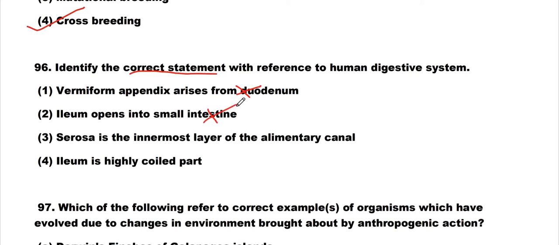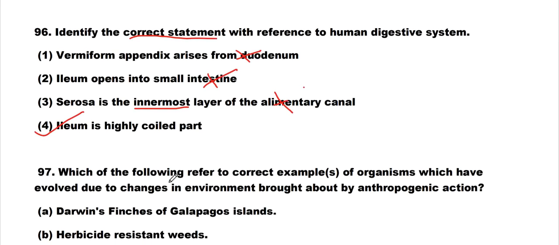This is wrong. Serosa is the innermost. This is wrong. This is the outermost layer. Next option. Ileum is highly coiled part of the small intestine. So the answer for this is 4.